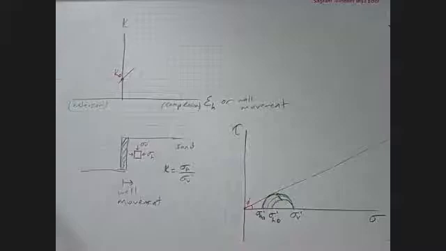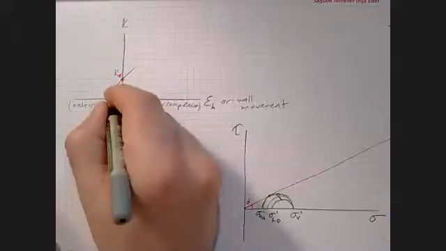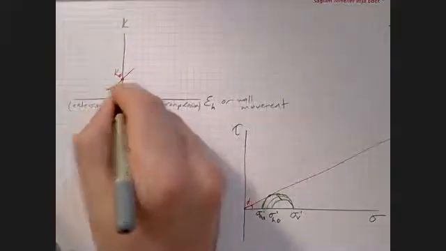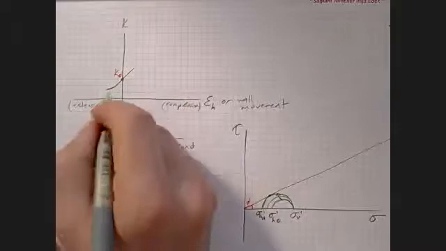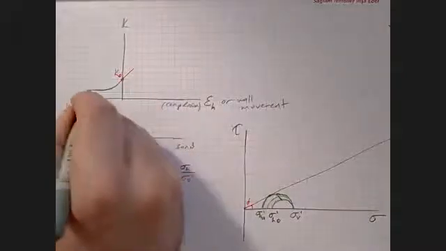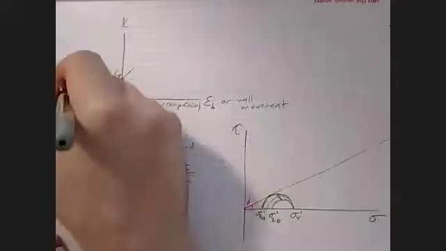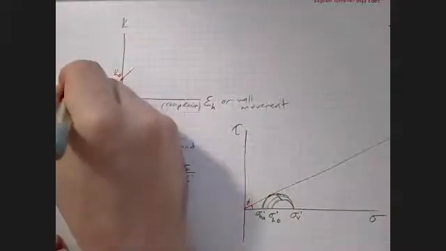Now in that state, after some elastic deformation, it will be like yielding. And no matter how much I continue to move, it doesn't reduce anymore. So this I'm going to call Ka.